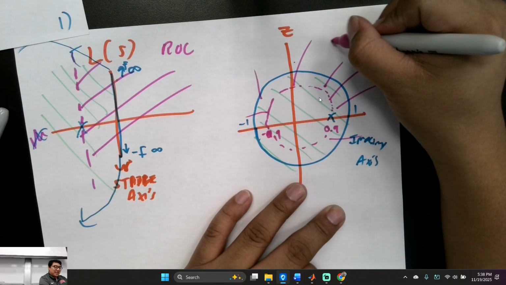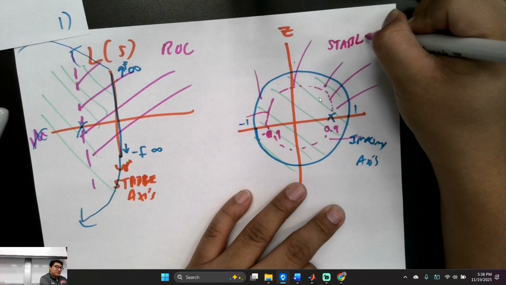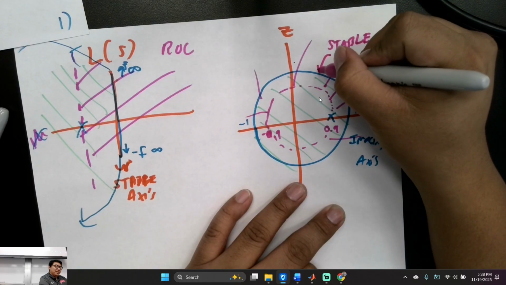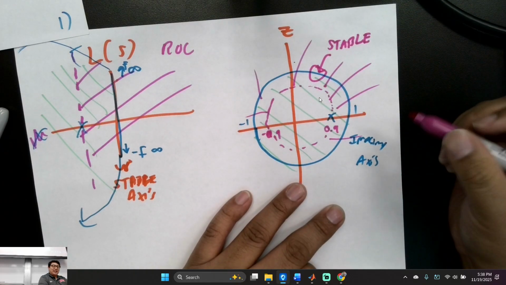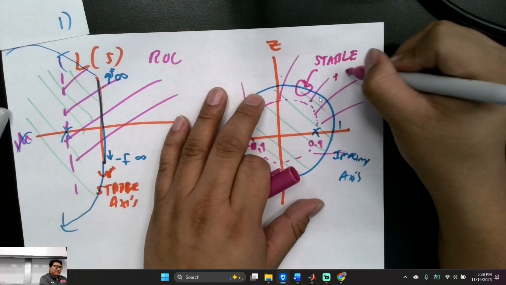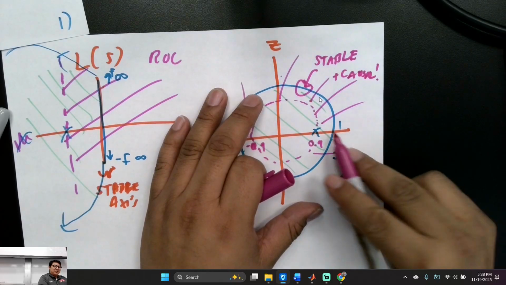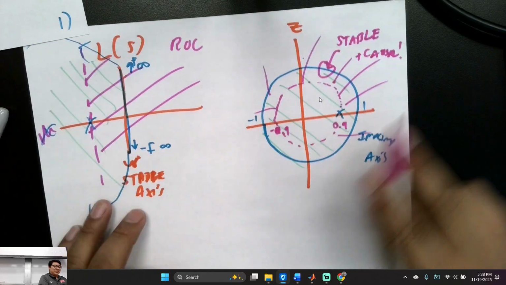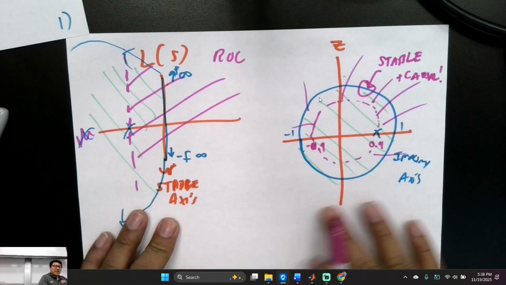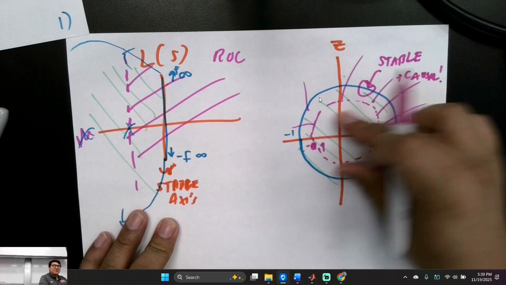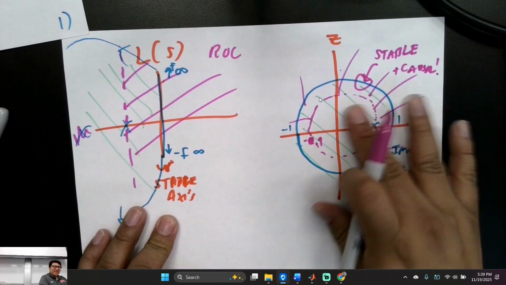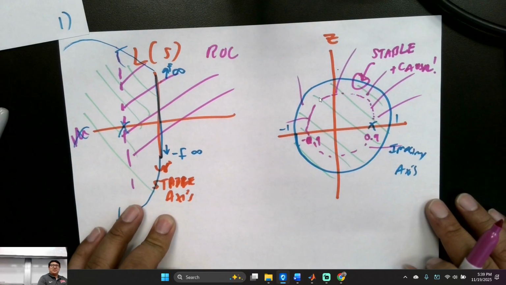So it's stable because we include the imaginary axis, and it's also causal, because it's a right-sided function. We're going to the right, and our pole is in this stability region, the unit circle.